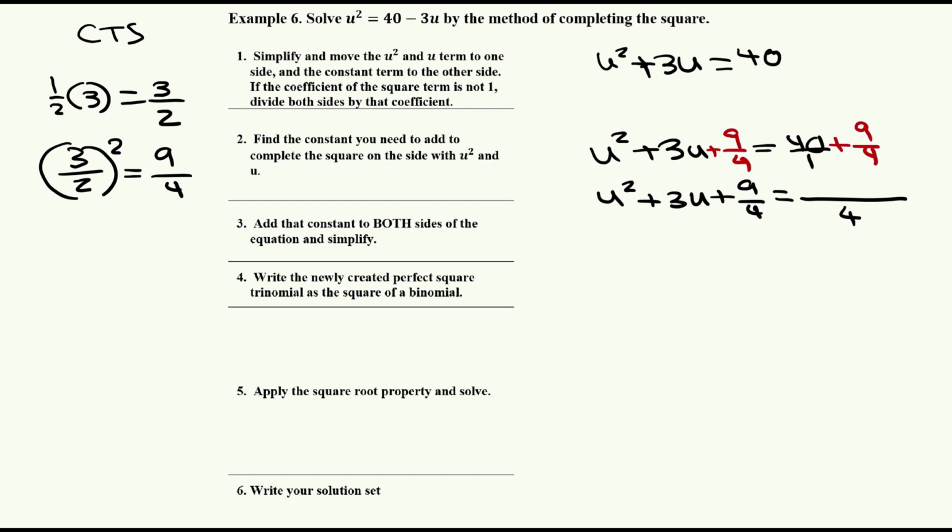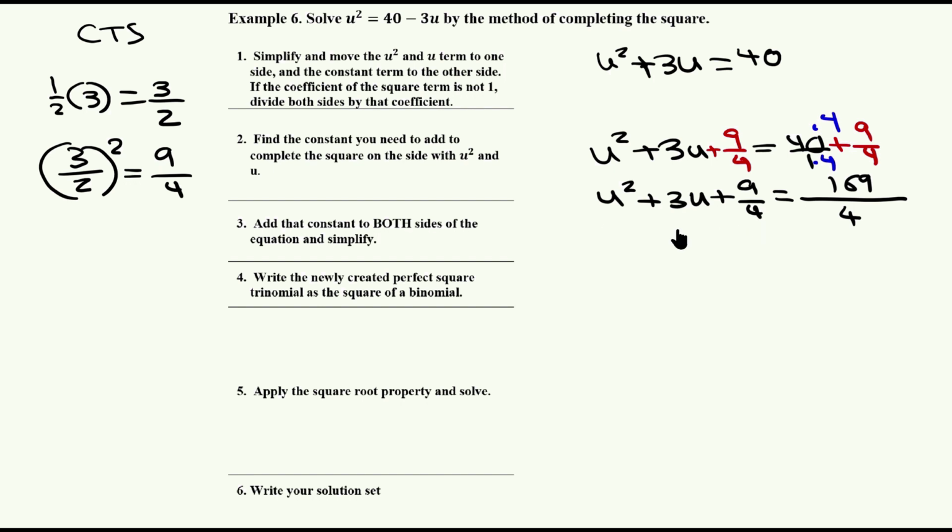Don't forget there's a 1 under the 40. So we're going to have to multiply this 1 by 4, so we'll do the same on the top. So 4 times 40 is 160 plus 9 will give us 169/4.